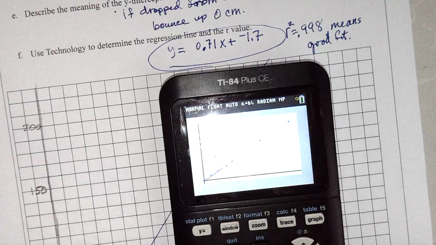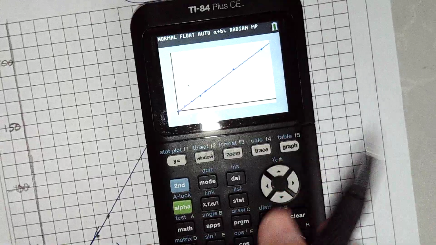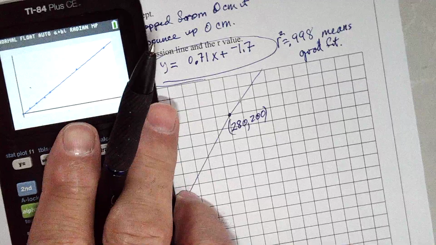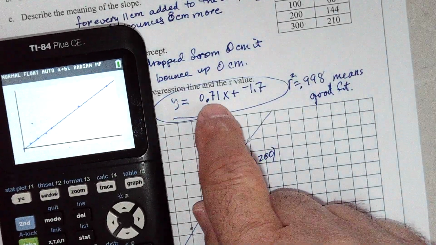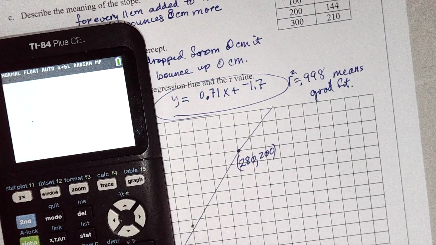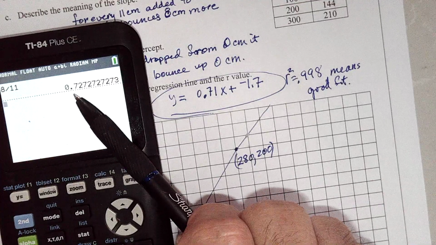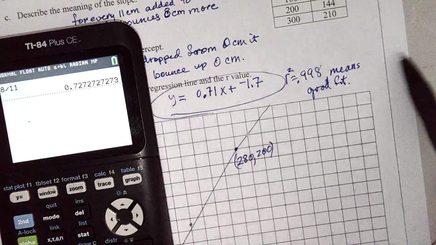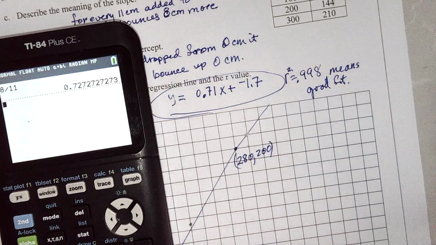And if I push graph, you can see that it's really close to the same line that I had. In fact, what did I have for the slope? I had 8/11ths. They had 0.71. So I'm going to quit, and I'm going to go 8 divided by 11. And it said 0.72. 0.71, 0.72. That's pretty close. And I had 0 for y-intercept. The calculator's giving me negative 0.17. But anyway, that's the last problem.